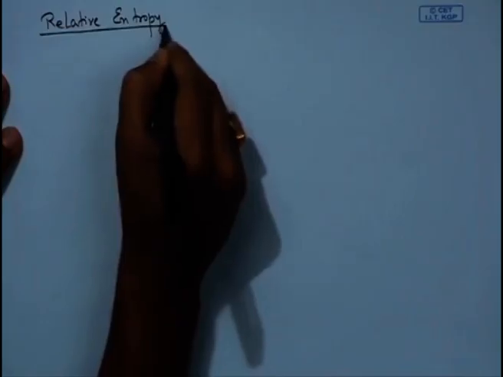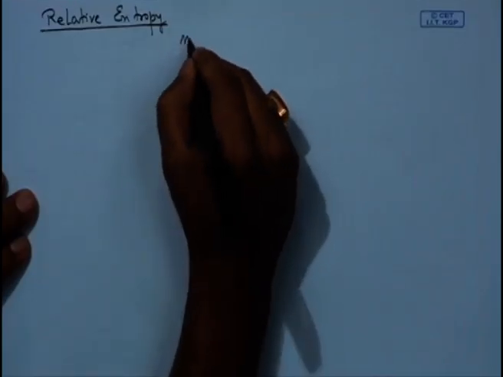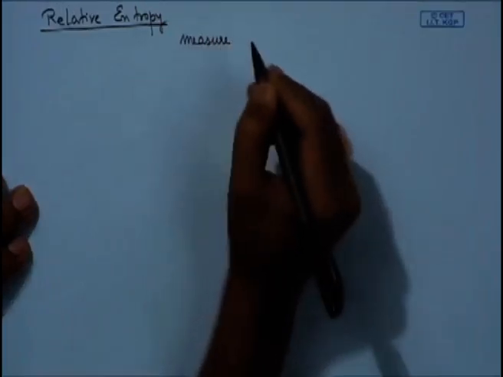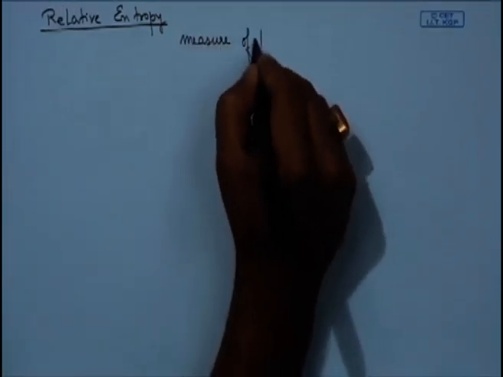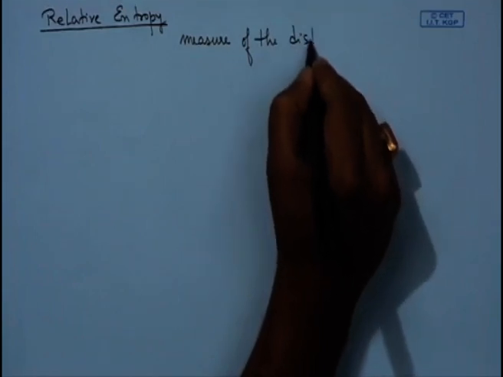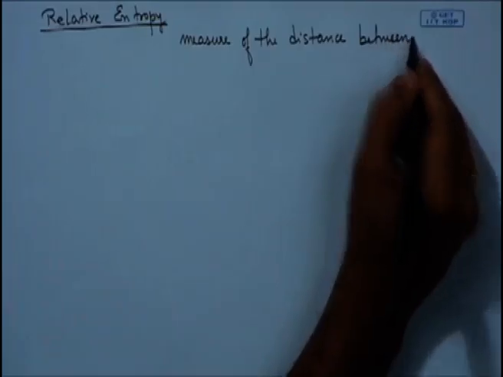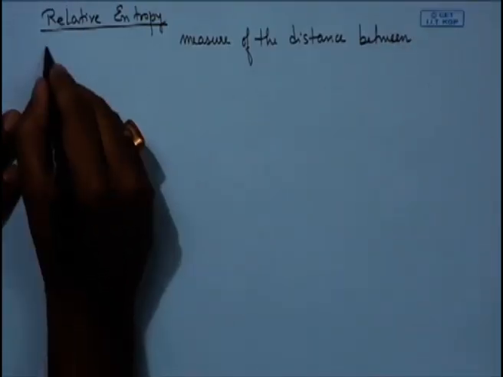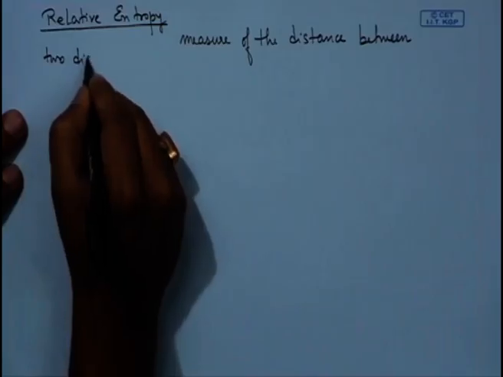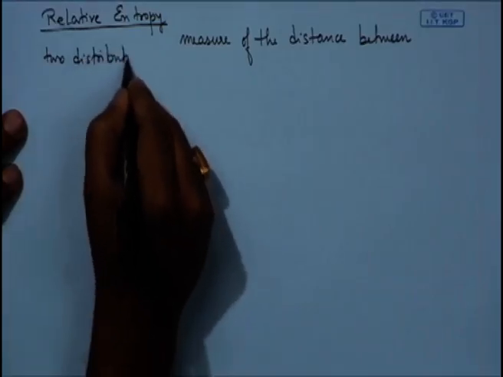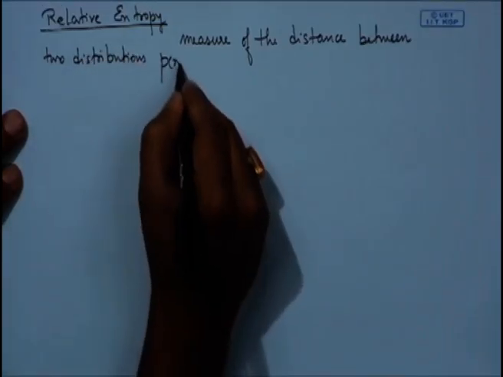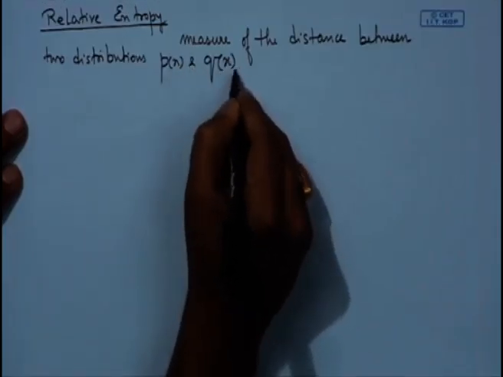Again, we are giving a list of definitions which are important: relative entropy, and we will talk about mutual information. When you talk of relative entropy, we would write this as the measure of the distance between two distributions p(x) and q(x).